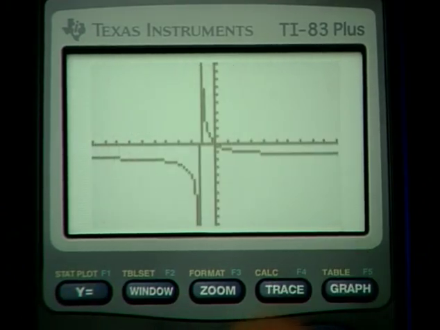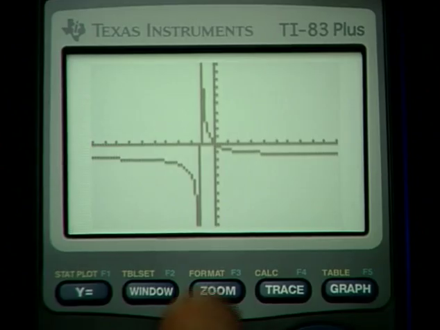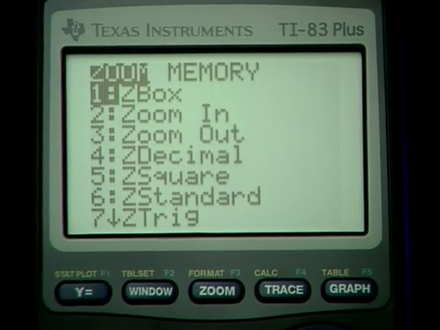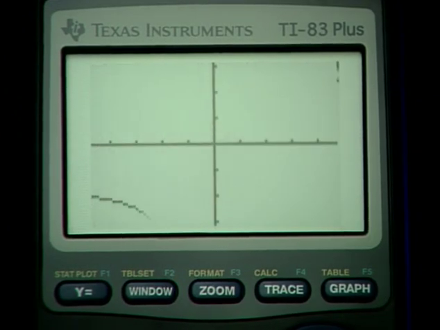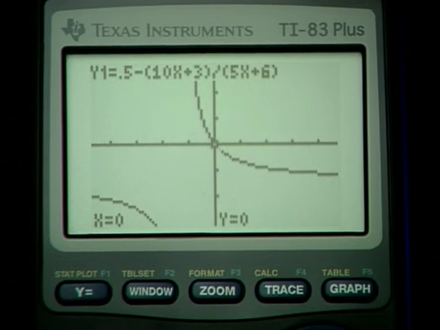I want to change settings so that we have decimal values or friendly values for the decimals for identifying an x-intercept. And to do that, I go zoom, and then I want z-decimal item number 4. I'm pressing number 4, and now we just see parts of our graph. And pressing trace, I would trace over to the right and over to the left.